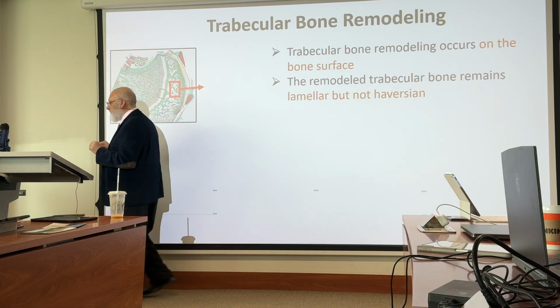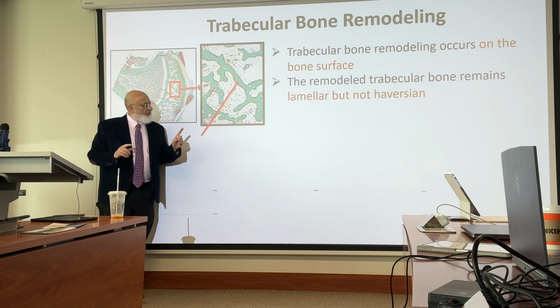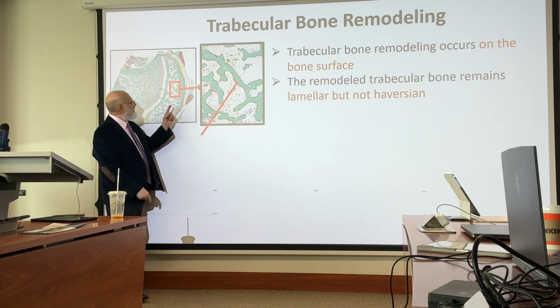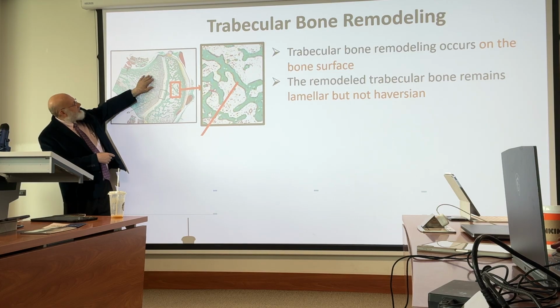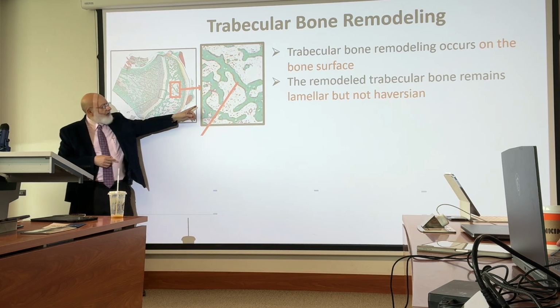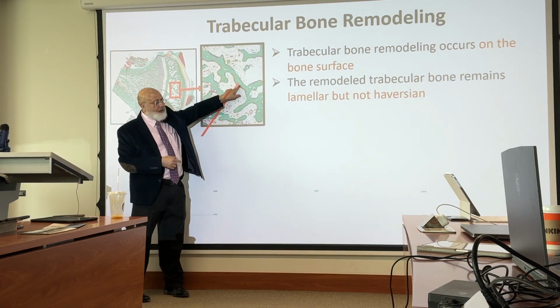In the trabecular bone, because those bones are thin, the remodeling happens on the surface. This is a histological section of a mouse tibia. This is the epiphysis, this is the metaphysis. All these green lines are the trabeculae, this network. This is a higher magnification. Osteoclasts will migrate onto the surface and start chewing part of the bone.